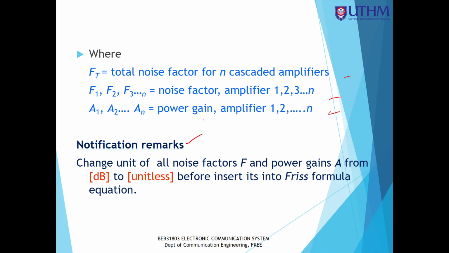Notification, this is very important. Change unit of all noise factor and power gains A from dB to unitless before insert into the Friis formula equation. Students always do careless mistakes in this part.